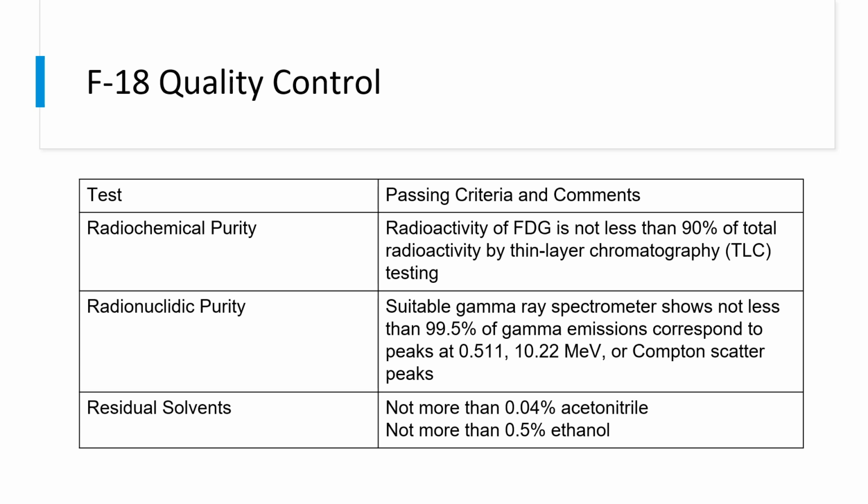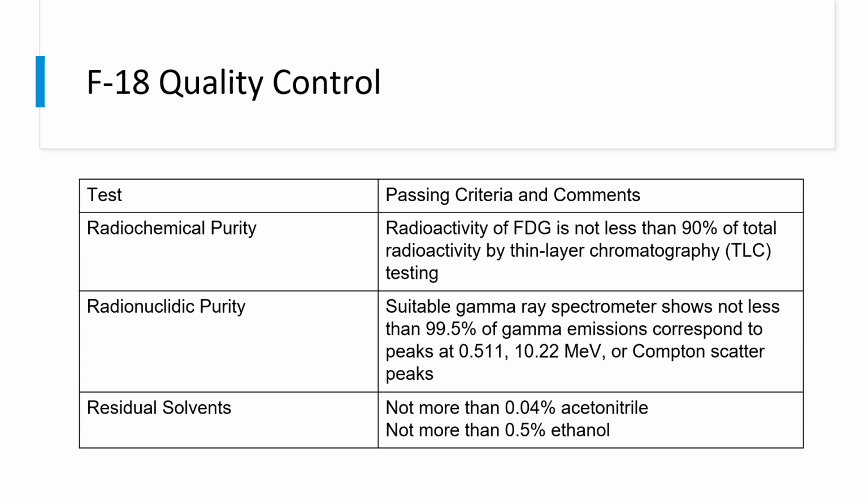So radiochemical purity, the radioactivity of the FDG cannot be less than 90% tagged. So radiochemical purity is just saying that it has to be FDG. You don't want a lot of free F18 in there. So it must be at least 90% tagged, and this is done using thin layer chromatography testing.